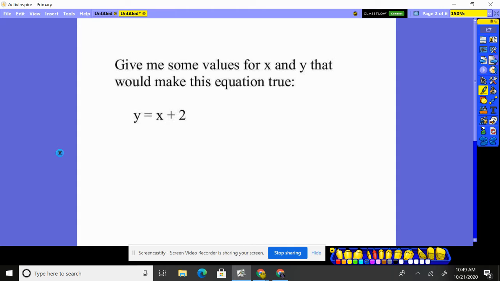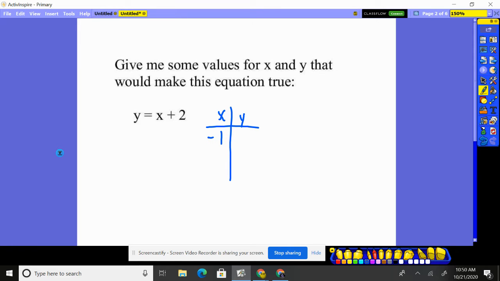So let's give me some values for x and y that would make this equation true. Okay. Well, again, I'm going to make a T-chart, and I'm usually going to pick x. If you tried to do y, that'd be a little difficult. So x, let's go with negative 1.